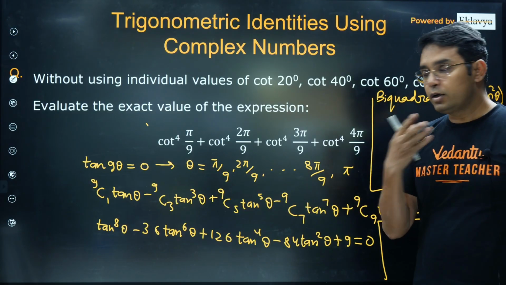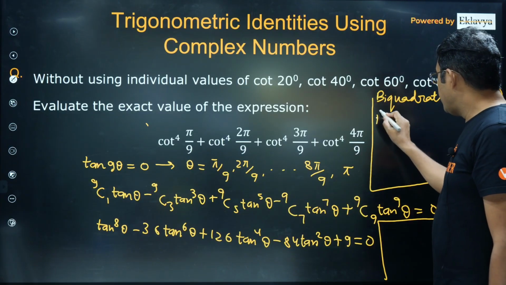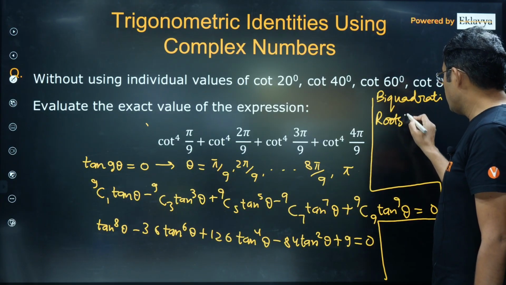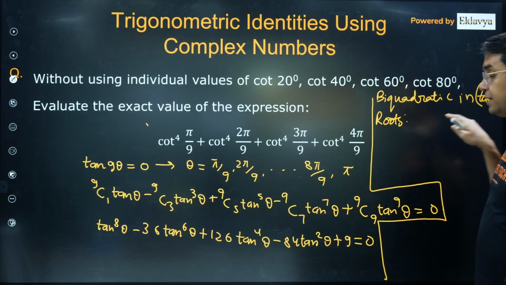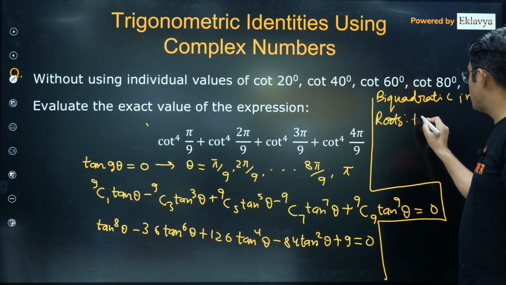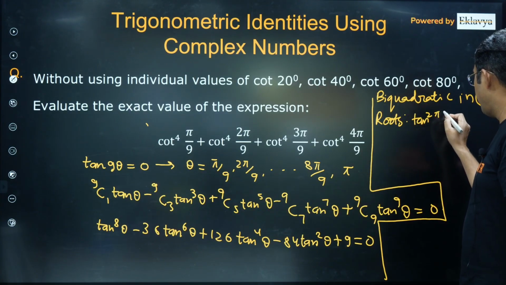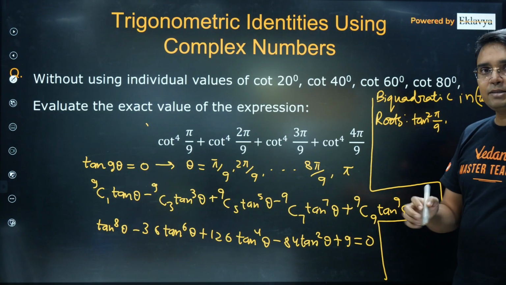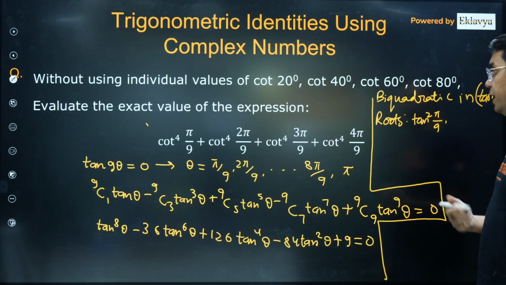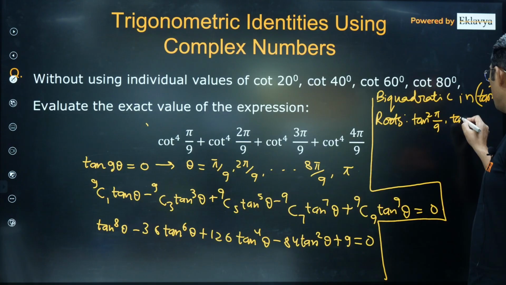Now, what will be the roots? Try to understand. The roots would be, as we have written in the beginning, tan square pi by 9. If I am writing this as a biquadratic in tan square, its roots would be tan square pi by 9. I could have written it as tan 20 degree also, whichever you relate to more, then tan square 2 pi by 9.